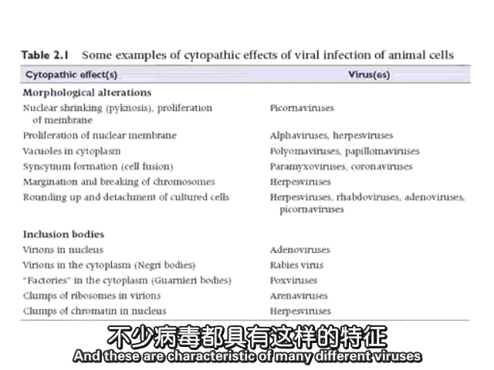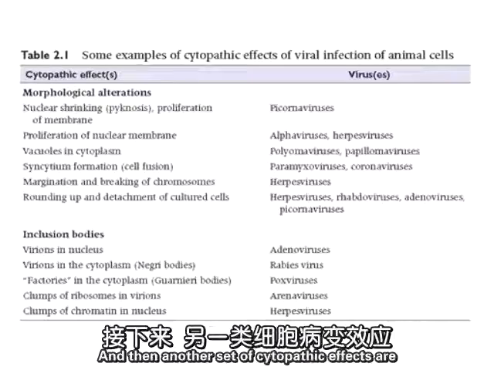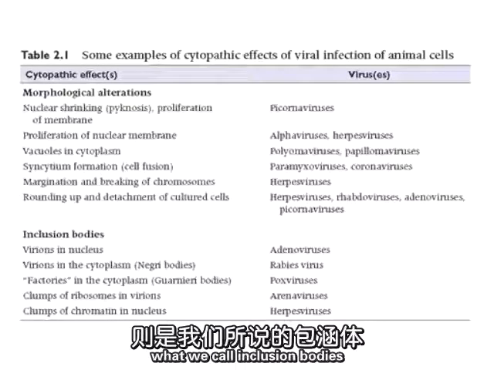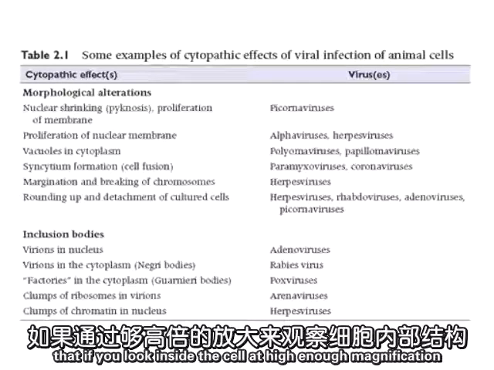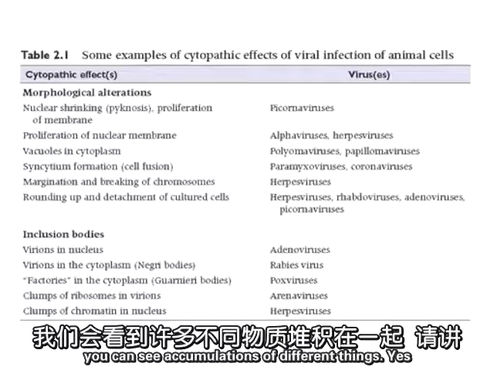And these are characteristic of many different viruses. And then another set of cytopathic effects are what we call inclusion bodies, that if you look inside the cell at high enough magnification, you can see accumulations of different things.